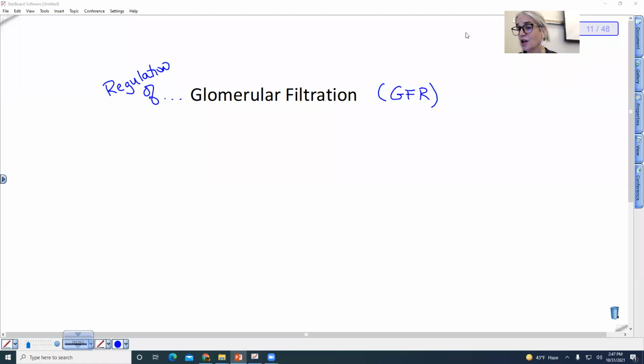So we can talk about the glomerular filtration rate, or the regulation of how much fluid is filtered into the nephrons in a given unit of time. This is sometimes referred to as GFR, and it is a really important measure of how well your kidney is functioning.